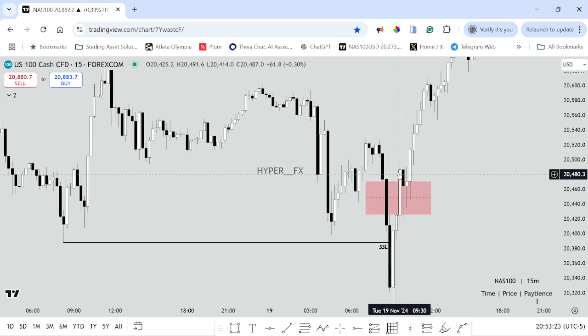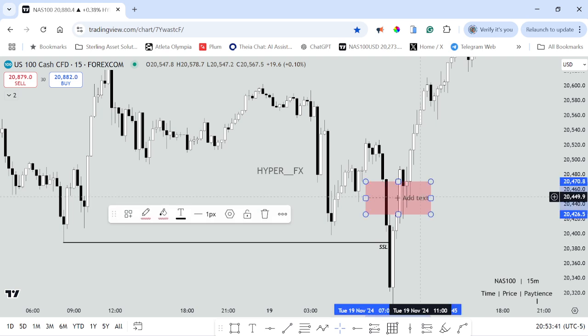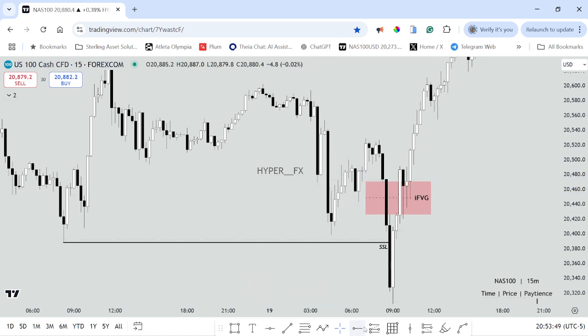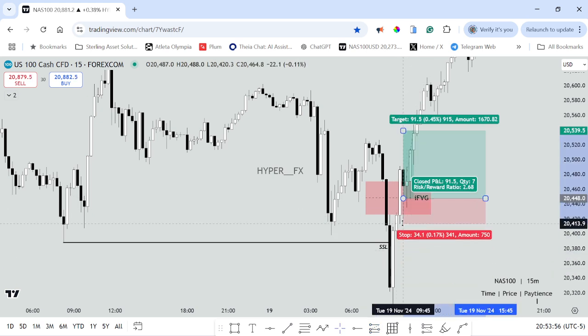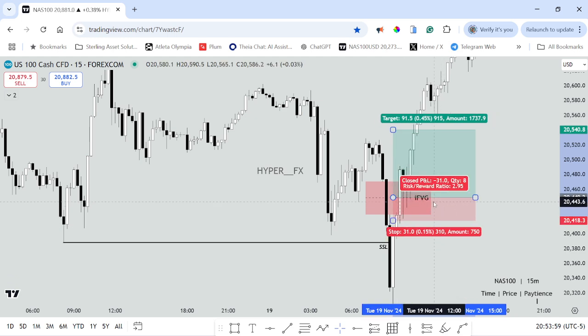So once I see that price has closed with this candle, I know that price has flipped, that this fair value gap, instead of sending price downwards, will now be acting as the opposite of a fair value gap, which is an inversion fair value gap, to send price upward. So my inversion fair value gap comes in, and I will frame my long position from the consequent encroachment of this fair value gap, and I'll have my stop loss somewhere underneath it.